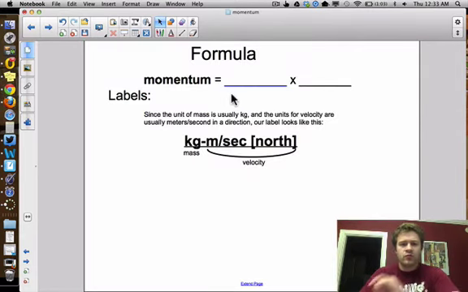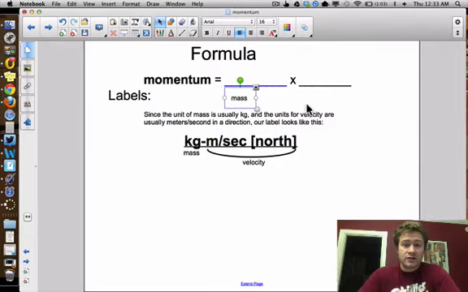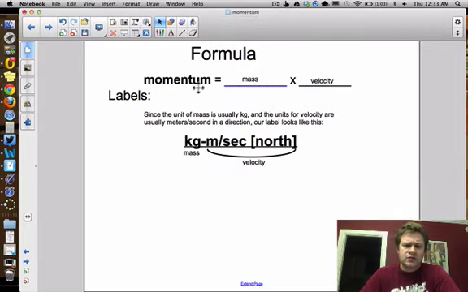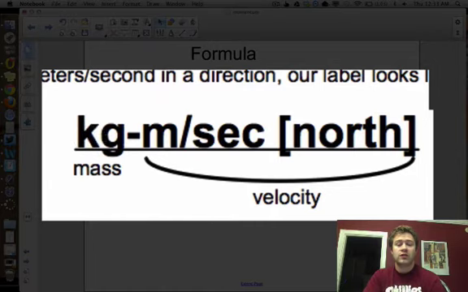The formula, based on mass and velocity, is that whenever we have mass and velocity, we multiply those. So the momentum formula is mass times velocity. Since we have a mass unit and a velocity unit, our label becomes our mass unit and our velocity unit together.